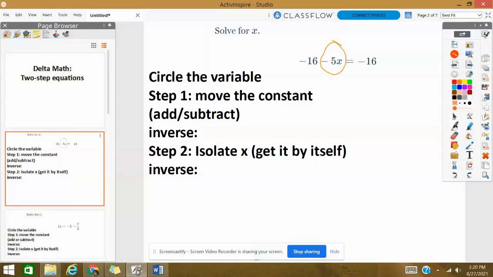In this case, our constant, remember that the definition of constant is a number without a variable, is 16. But it's negative. So in this case, I'm going to go ahead and state what my inverse is to move my constant, and that is going to be to add. So again, you're either going to add or subtract. In this case, you're actually going to add. So I'm going to add 16 on both sides.